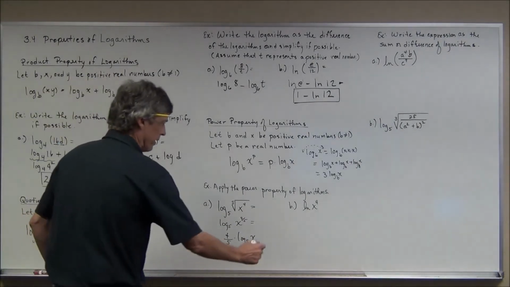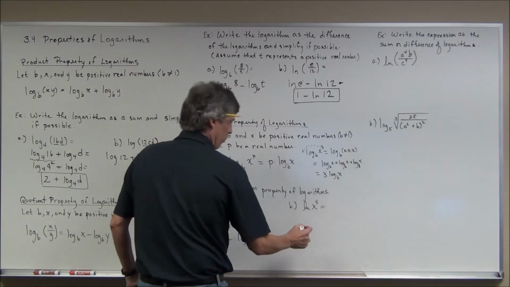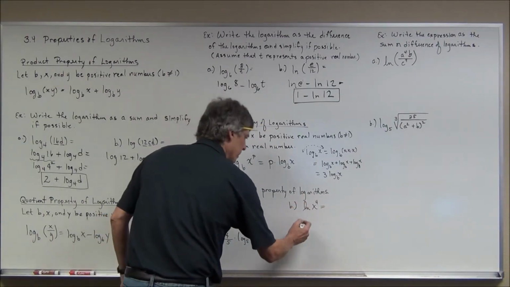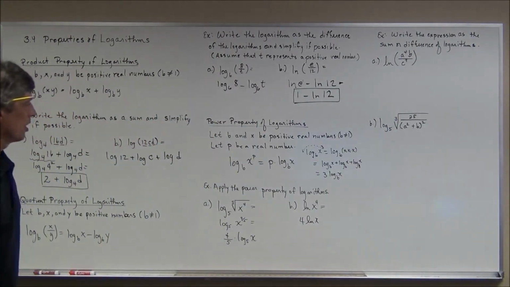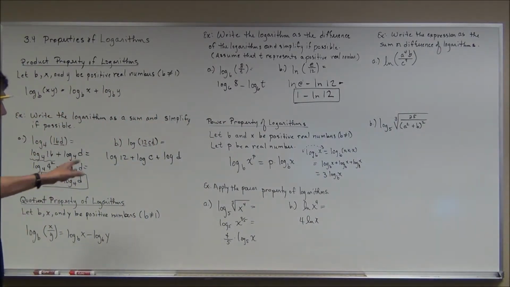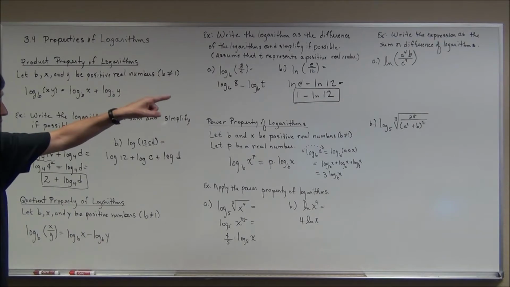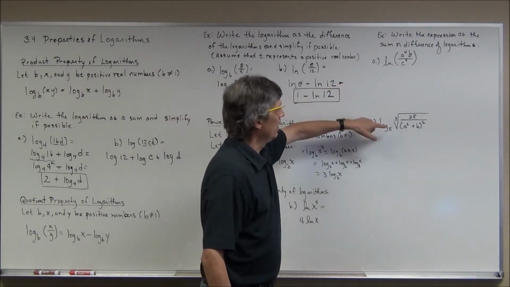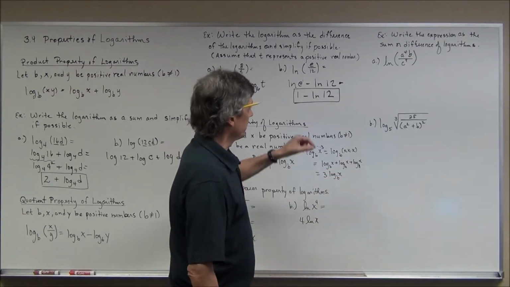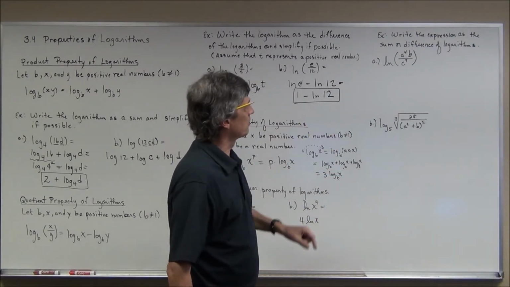This one's a little bit more direct. It is a natural log, but it would work for any base log. I can bring the 4 in front and write that as 4 times the natural log of x. So you'll need to remember these three, and I'm going to use these three to expand these two expressions into separate little logarithms.